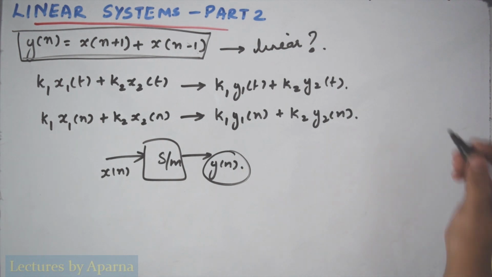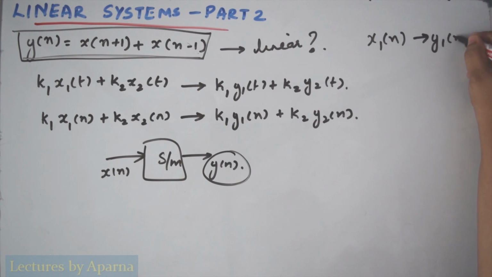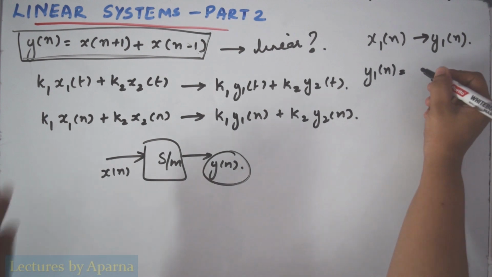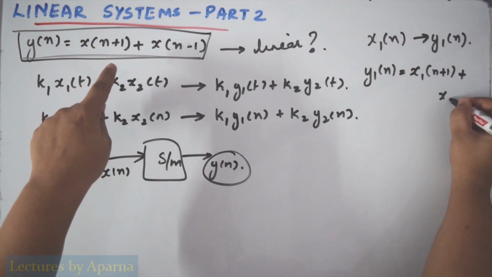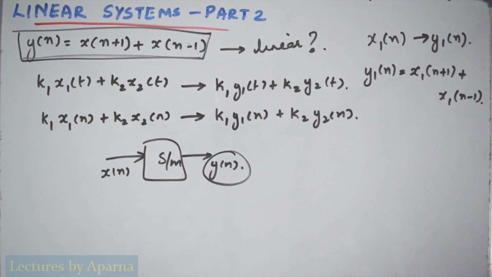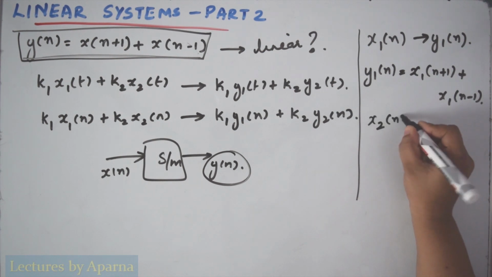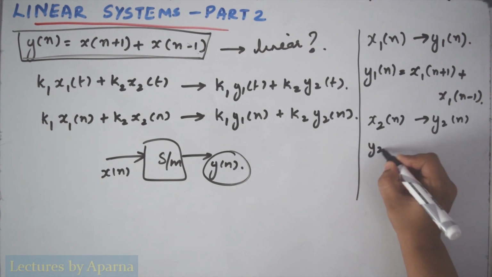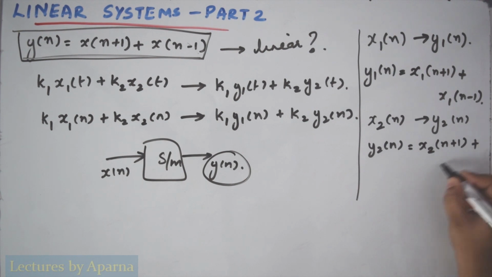So if we have an input signal x1 of n, let the corresponding output signal be y1 of n. So we can write y1 of n is equal to x1 of n plus 1 plus x1 of n minus 1. This is the value of y1 of n. Suppose we give an input x2 of n, let the corresponding output be y2 of n. Then y2 of n can be written as x2 of n plus 1 plus x2 of n minus 1 for the system.